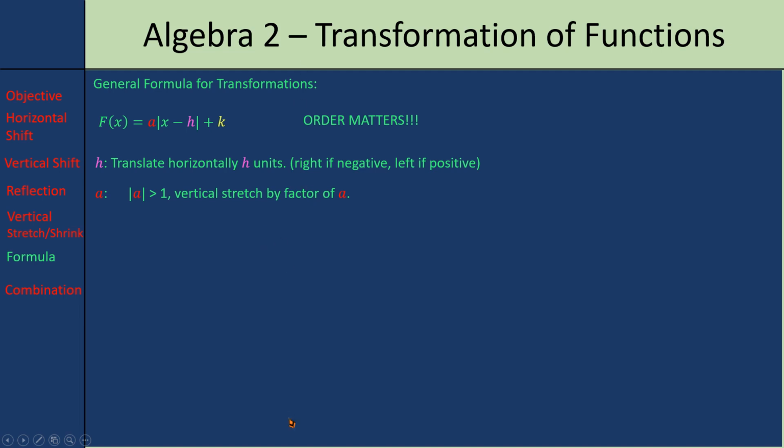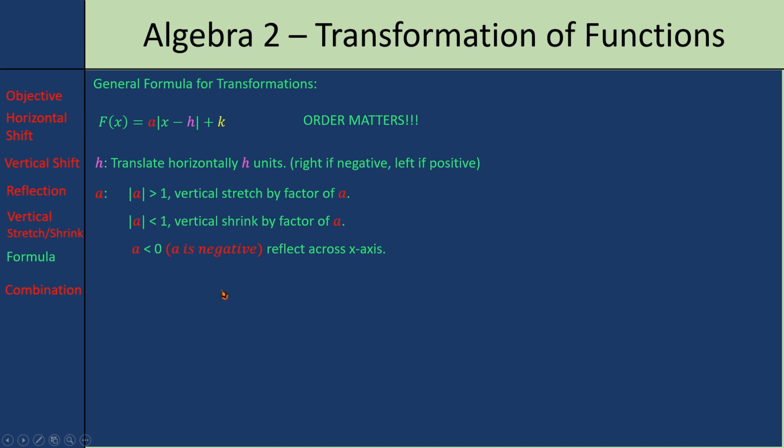This means stretch up and down, vertically. So your graph gets stretched up and down. And then if the absolute value of a is less than 1, not talking about negative, meaning it's like a half or 2/3, then it's a shrink of a factor of a, okay? And if the number itself is negative, meaning if a is less than 0, then it's a reflection across the x-axis.